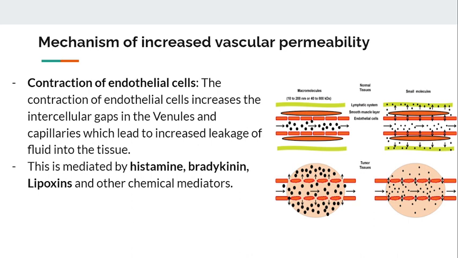So mechanisms in increased vascular permeability include contraction of the endothelial cells. As we can see from this diagram, my top left diagram is showing a normal blood vessel with less permeability.